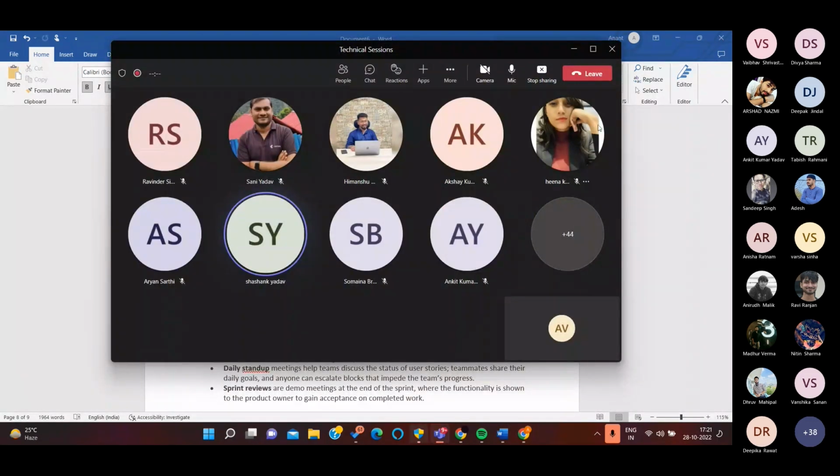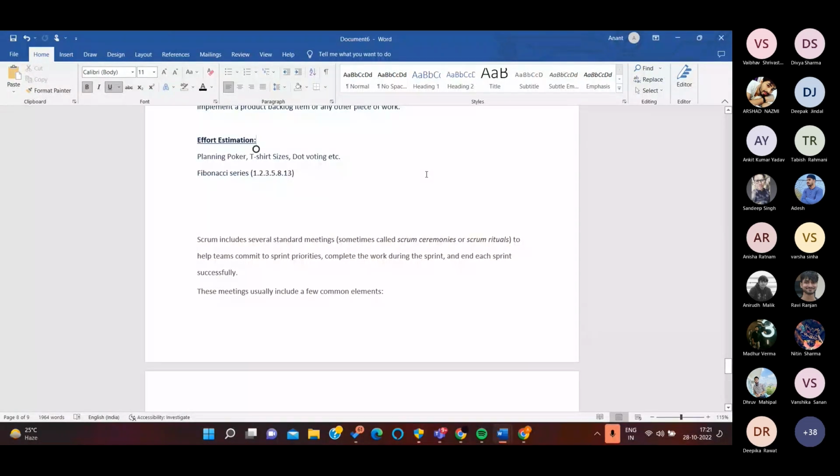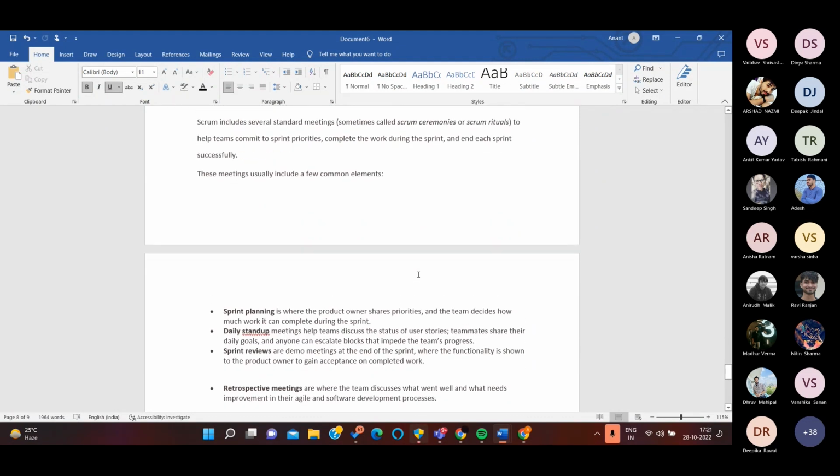Nothing from my end. It's just related to story points. In some organizations, there is not a right or wrong way of defining the story points. Some organizations used to consider story points in terms of hours.